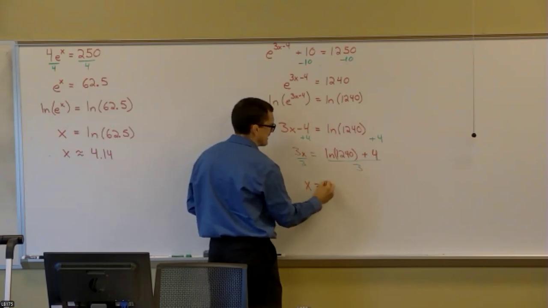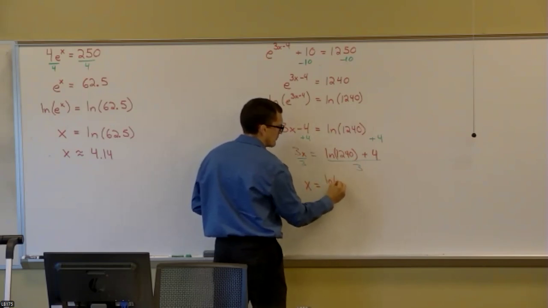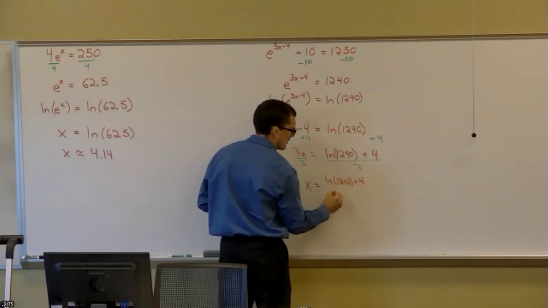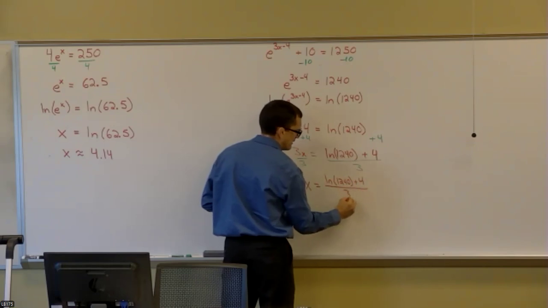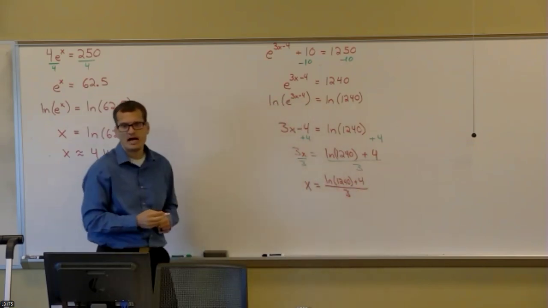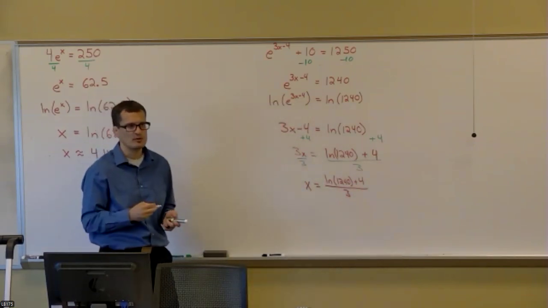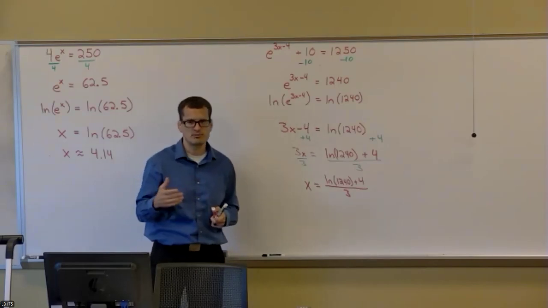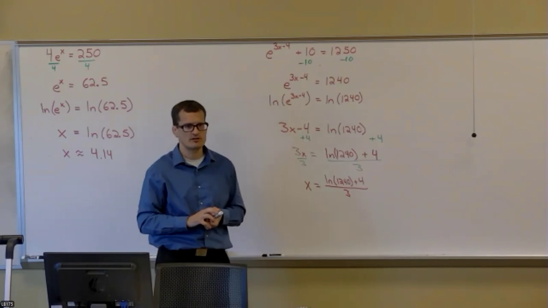So the exact answer is natural log of 1,240 plus 4, all divided by 3. Obviously, in Moodle, you're just going to use your calculator, get an approximate answer, a rounded version of that.